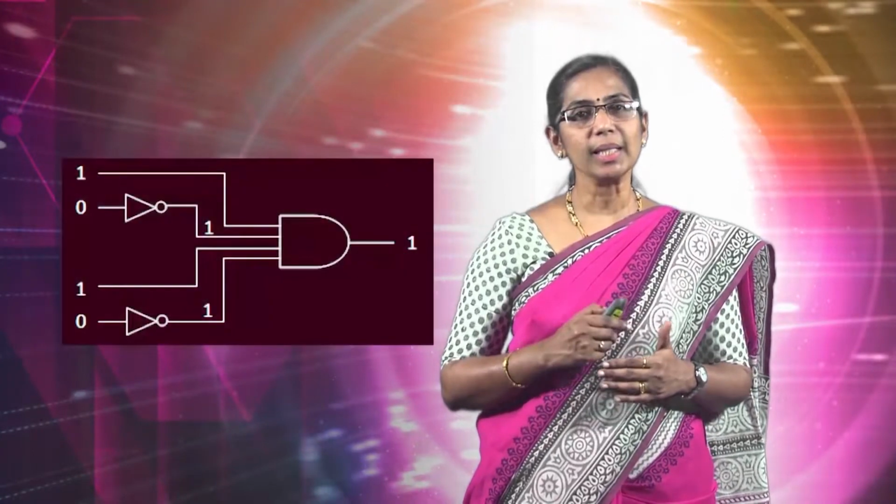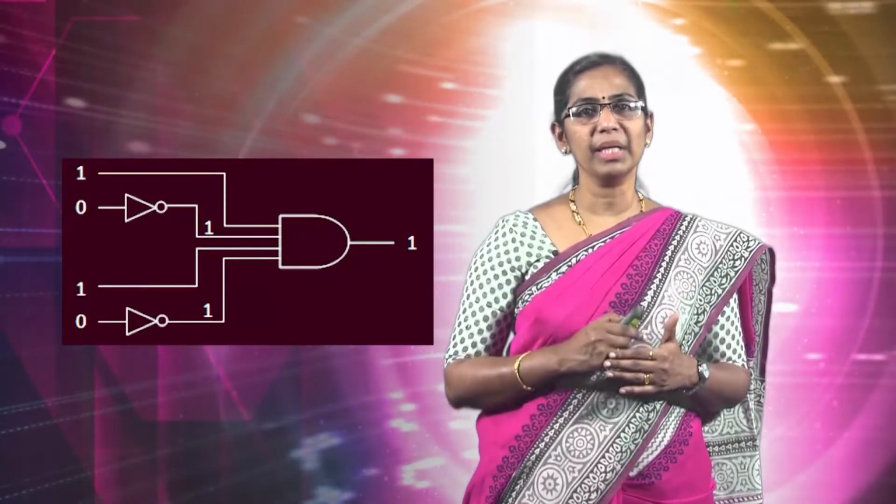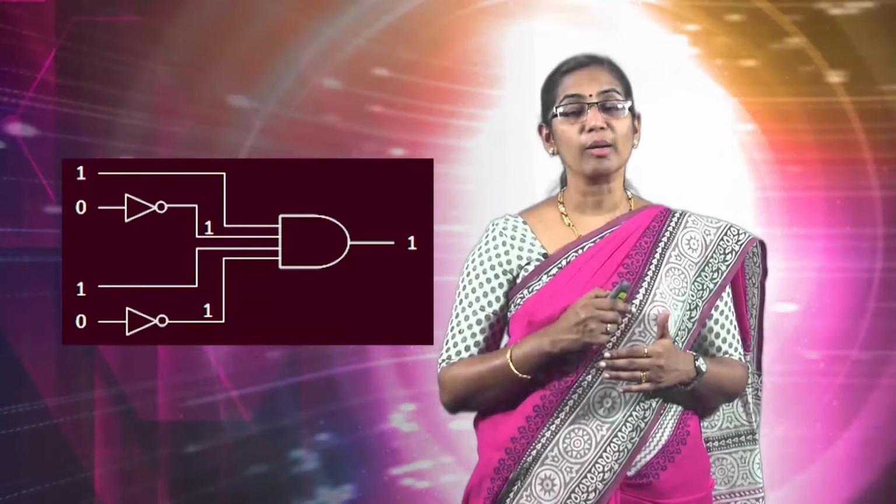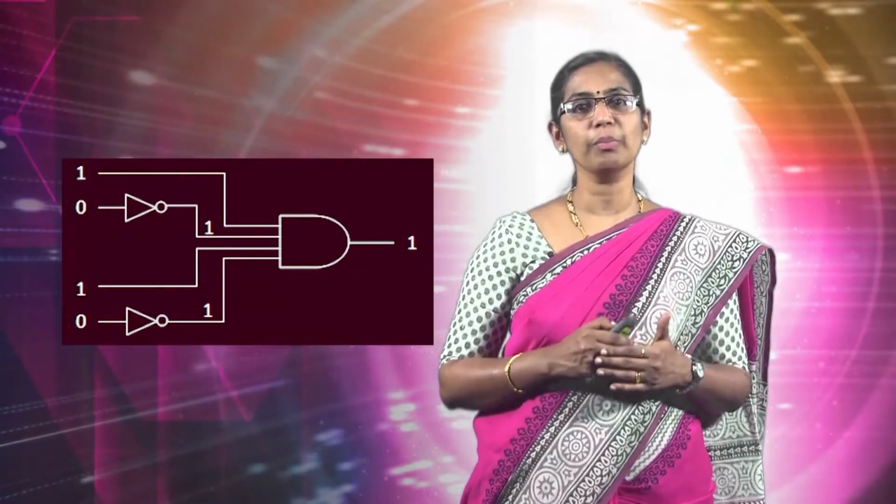Let A, B, C, D be the input bits. To obtain all ones or high signals at the AND gate, we need to connect A and C as they are, and B and D in their inverted form, that is B complement and D complement. See the circuit given here? The bits B and D are complemented so that we obtain a high value output.